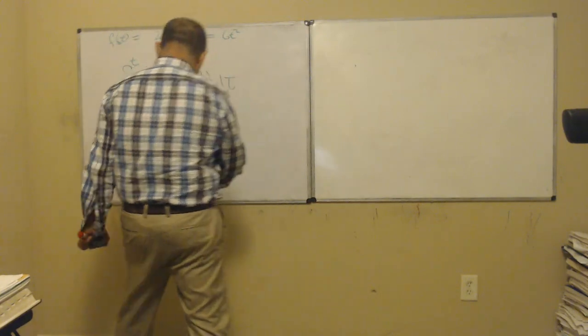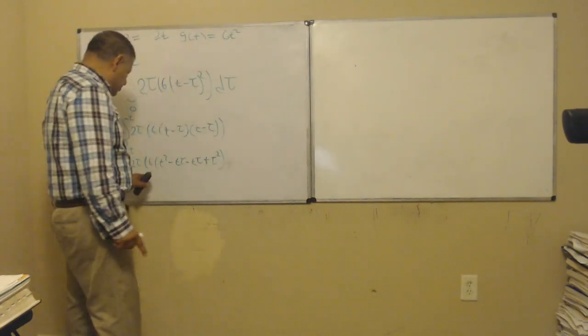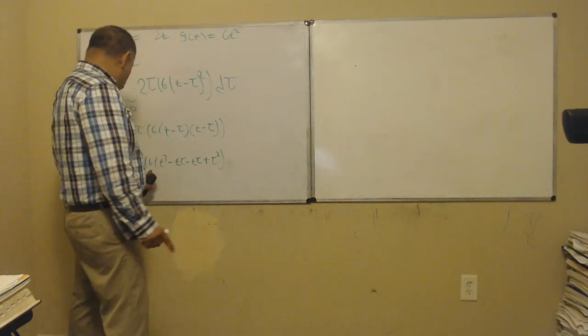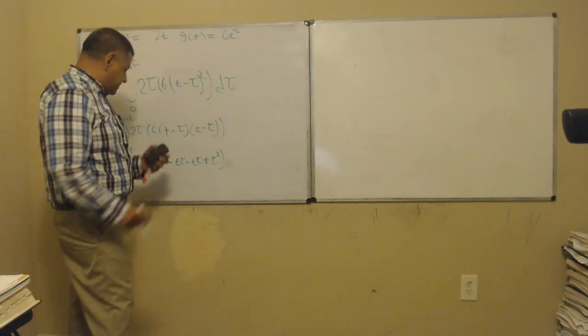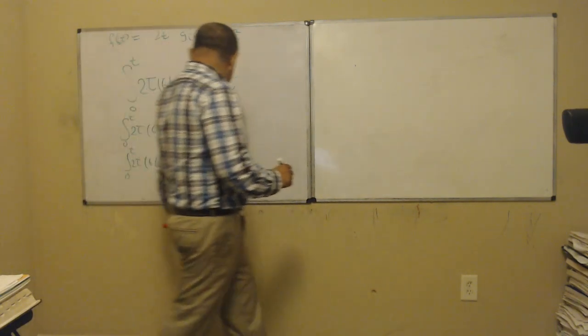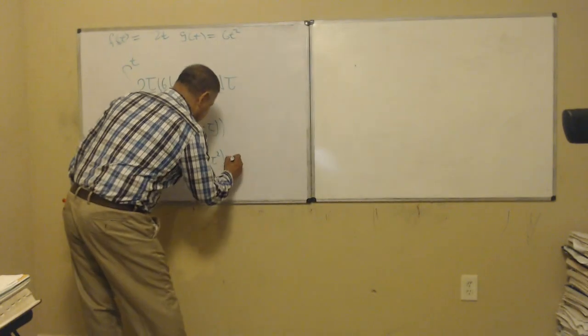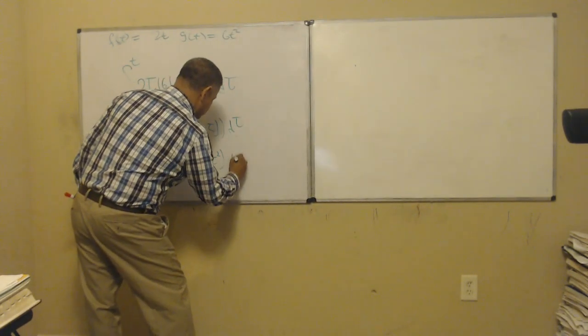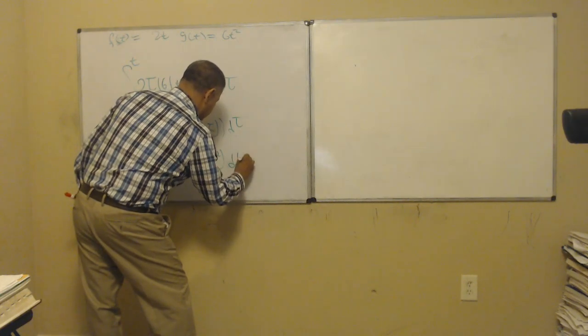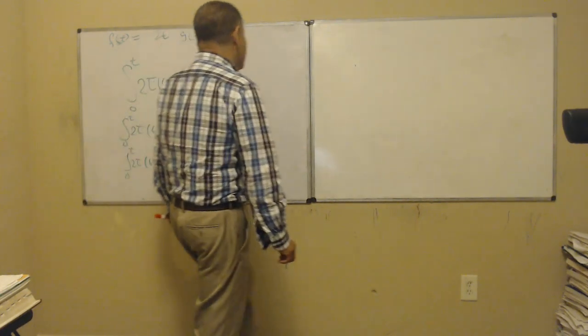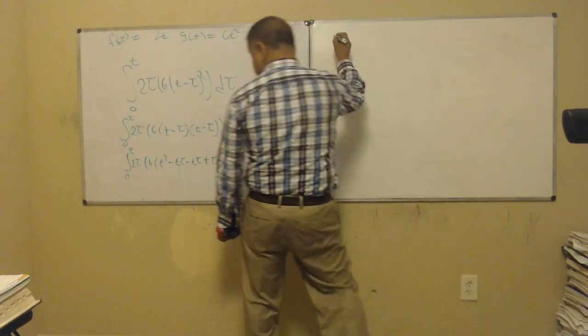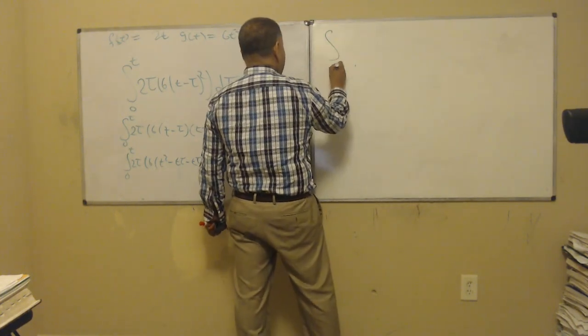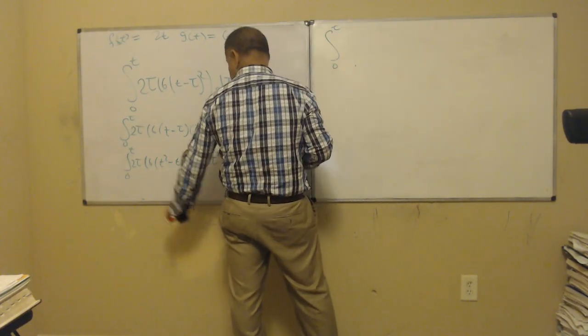Now what I can do is bring this guy over here. I will distribute the 6 inside, and remember I still have d tau here. So over here I get the integral from 0 to t again.